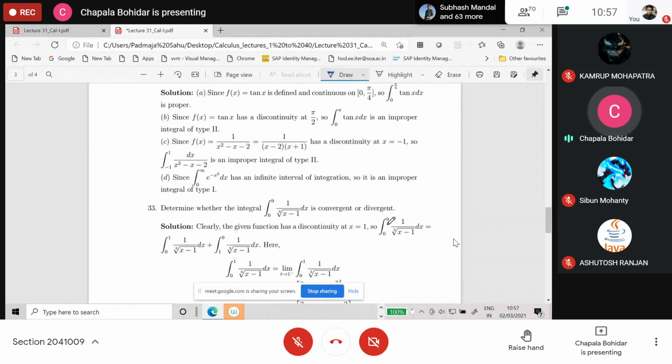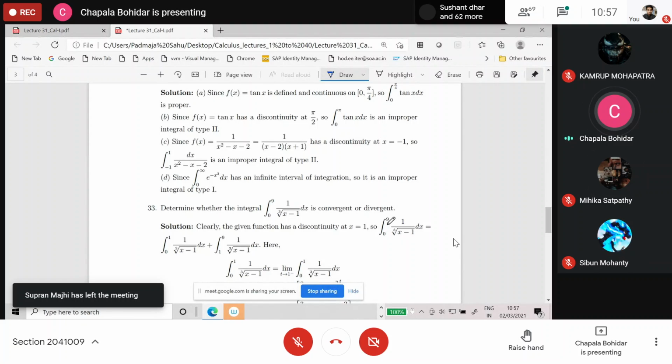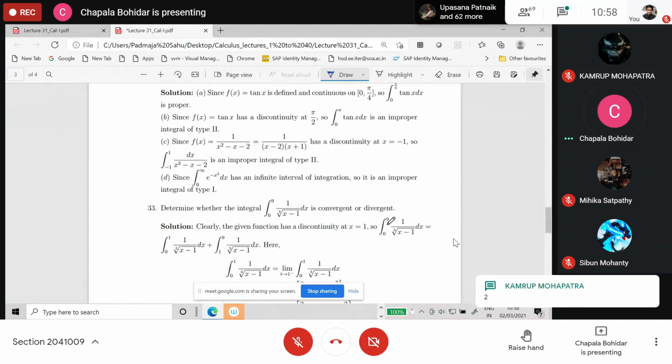It is discontinuous at 1, where 1 is in between 0 to 9. So improper integral of type 1 or 2? 2. Yes. So do it yourself. We already discussed that type of problem. Try to do.